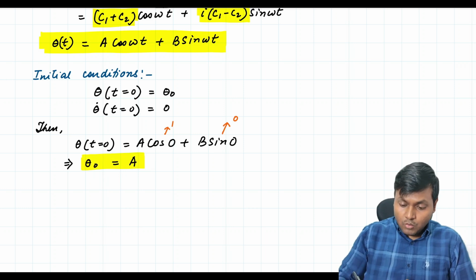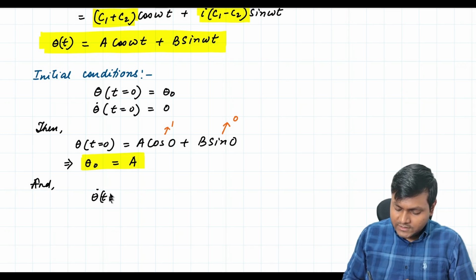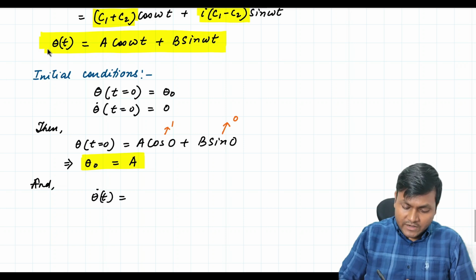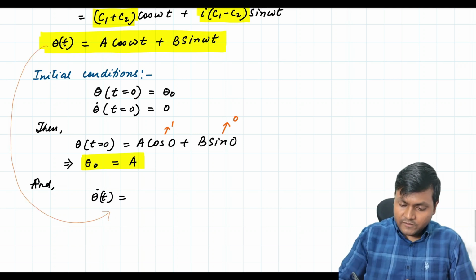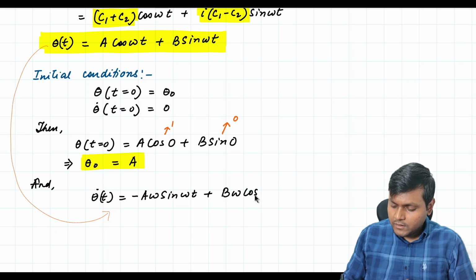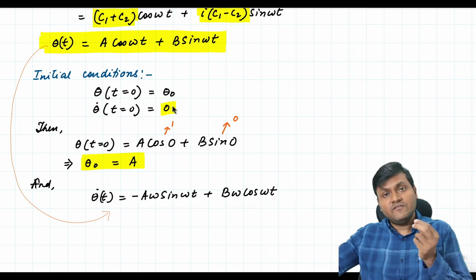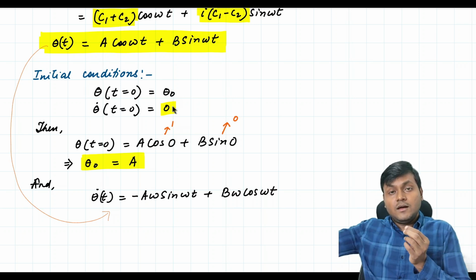All right. While on the other hand, if you find out the time derivative of theta, it can be obtained from this expression. The time derivative of theta is nothing but A omega times minus sine omega t plus B omega cos omega t. Now I have already mentioned that we do not give it any kind of an initial push, but rather separate it from its equilibrium and leave it there.